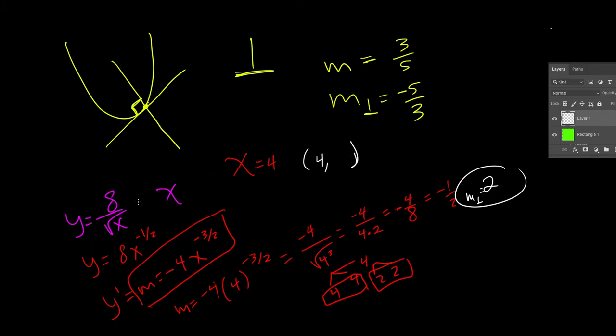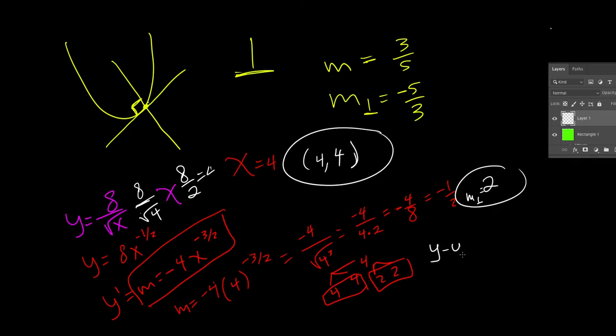There we go. Okay, so I'm going to plug in 4 right here. So we have 8 over square root of 4. Square root of 4 is just 2. So now I have 8 over 2. So that's 4. So it goes through the point 4, 4. Now, using this and this, all I need to do is write y minus y1 equals m times x minus x1.